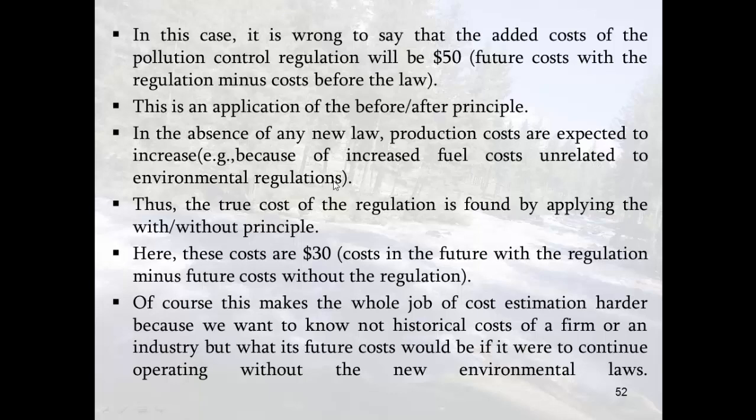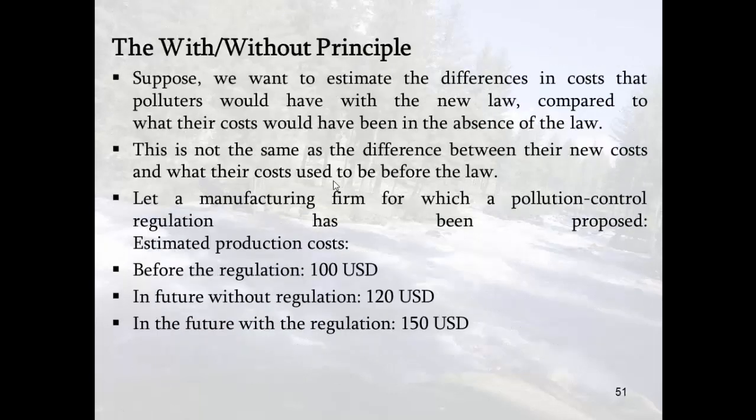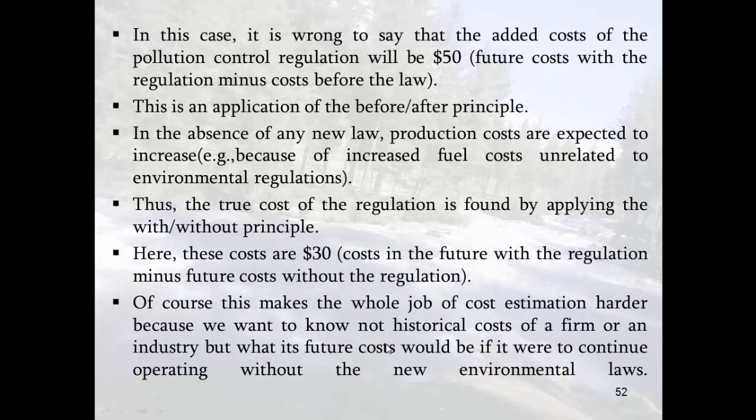As I discussed, the cost may increase from 100 USD to 120 USD not due to the pollution control regulation, but due to an input, which may be fuel or some other input. Thus, the true cost of regulation is found by applying the with and without principle.